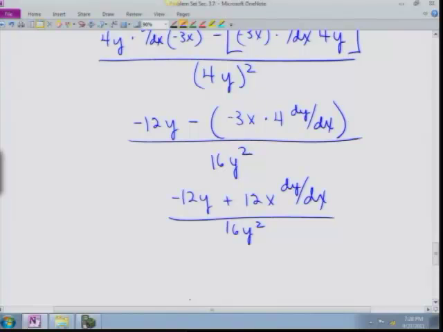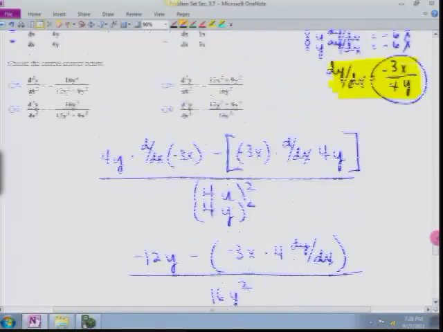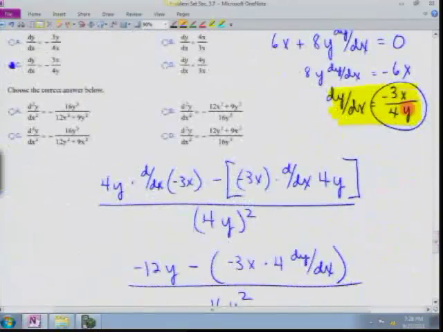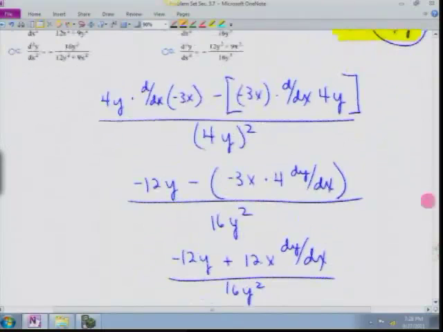And then we are going to substitute in dy dx. What did we have for dy dx? Right here. So you're going to substitute that in.